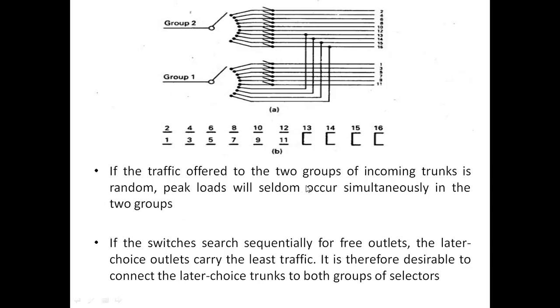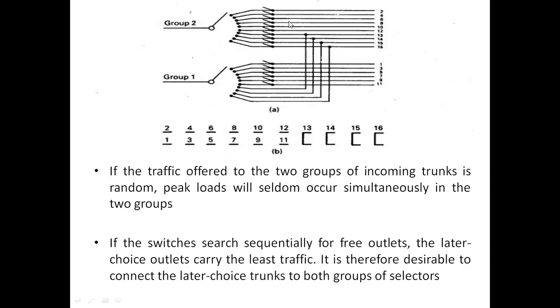The traffic offered to two groups of incoming trunks is random, and peak loads will seldom, meaning rarely, occur simultaneously in the two groups. The switches search sequentially.